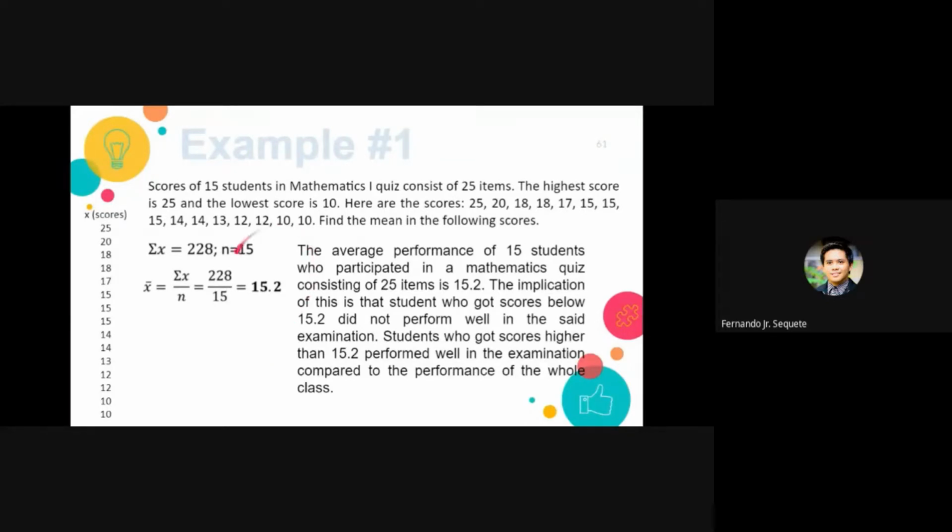But the students who got scores above 15.2 are the ones who performed well in the examination. Because remember, 15.2 is what we call the center of the data. It is in the middle. So those below are not performing well, and those above are performing well. Question so far? None so far, sir.